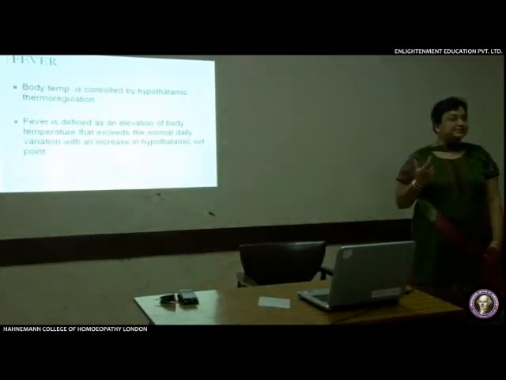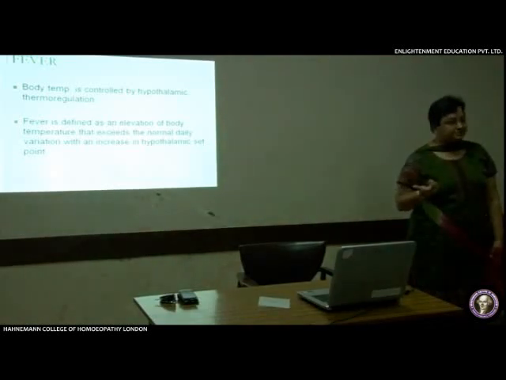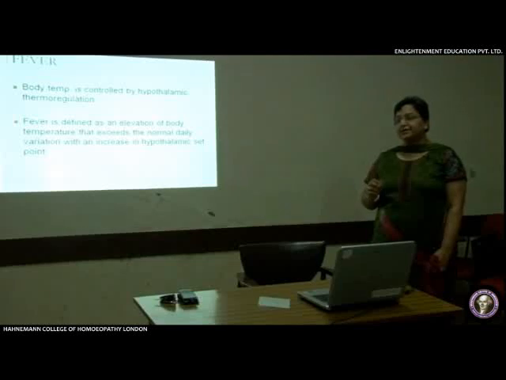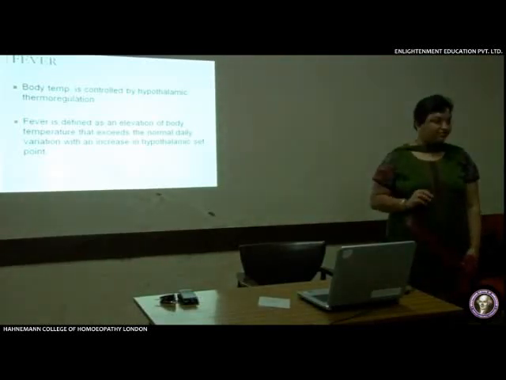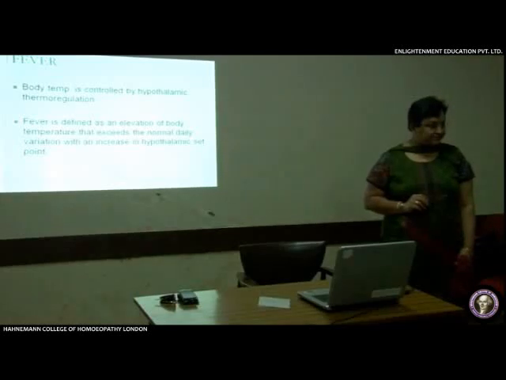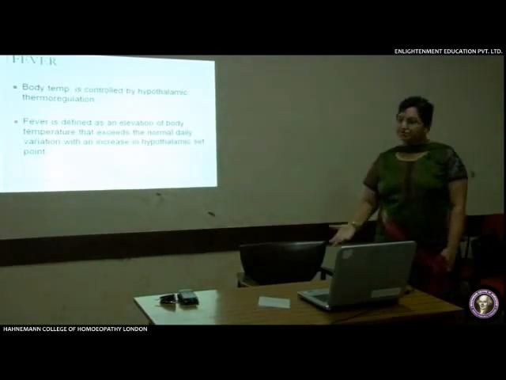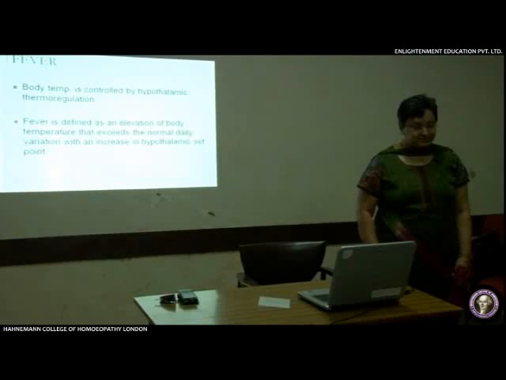If your hypothalamic set point is set 1 degree higher in the CNS, you have fever. So I am coming back to the whole thing, that fever is regulated by the hypothalamus. Thermoregulation is the most important function of the hypothalamus. This is the WHO definition: fever is an elevation in body temperature, and the set point is controlled by the hypothalamus.